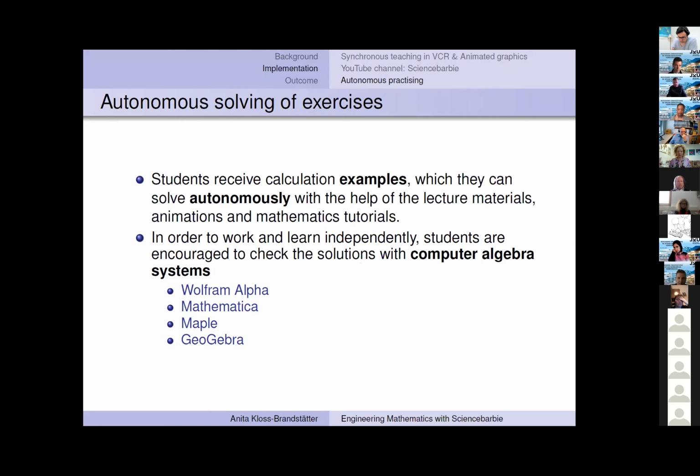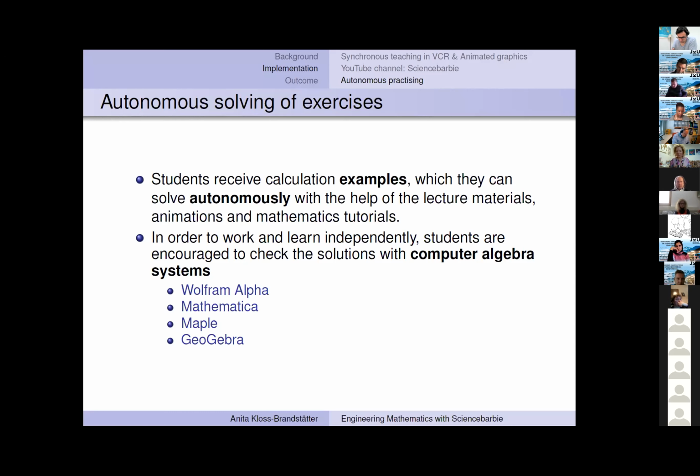So it's not that they calculate something and then ask me, what's going wrong, or is it right or not? They do, for example, a more or less complex integral, and then they have to check it themselves whether it's been done correctly, so that they can repeat, internalize and exercise.